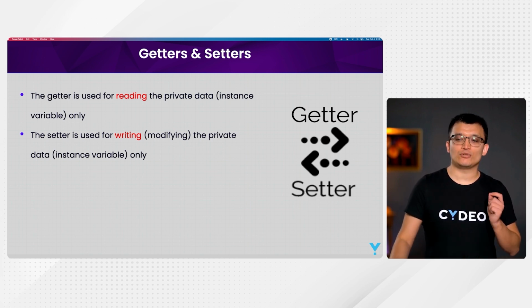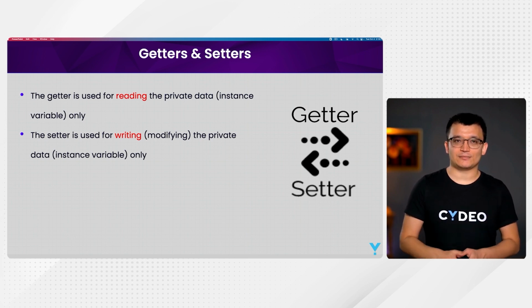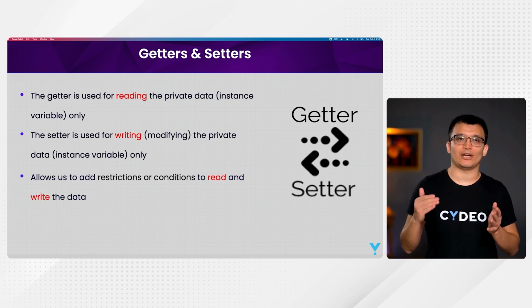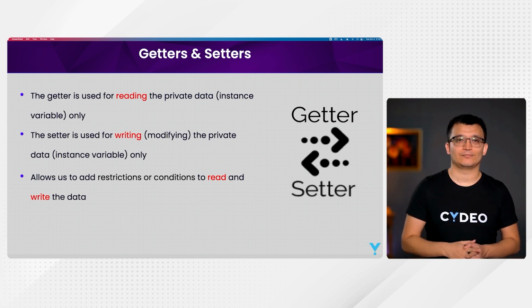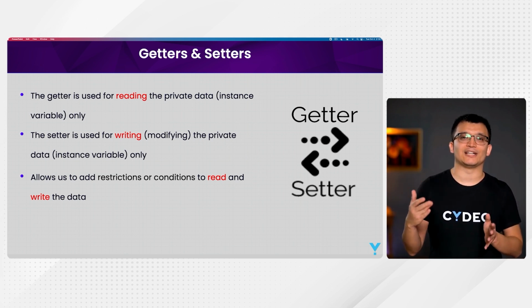By using those public methods, getters and setters, we are also able to add conditions or restrictions in order to read or write the data. Whenever there is some condition that has to be checked before reading or writing the data, you may add those conditions in the getters and setters.